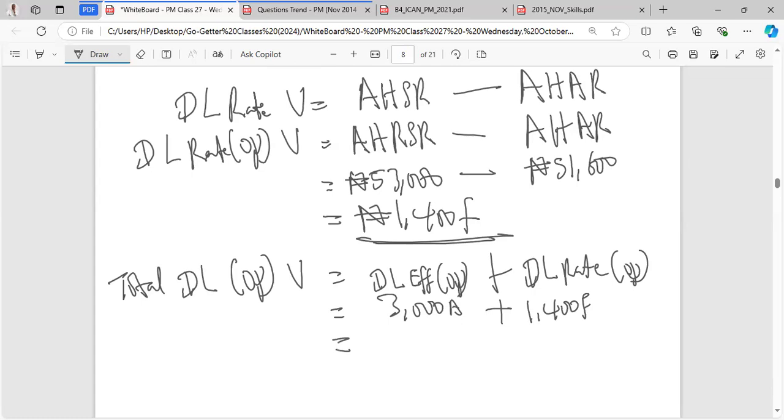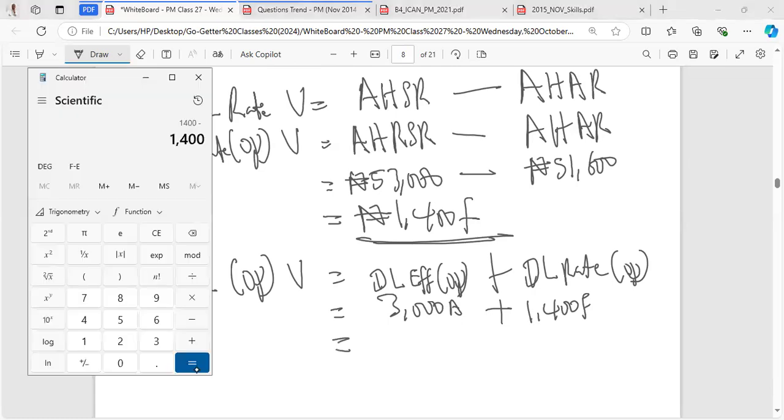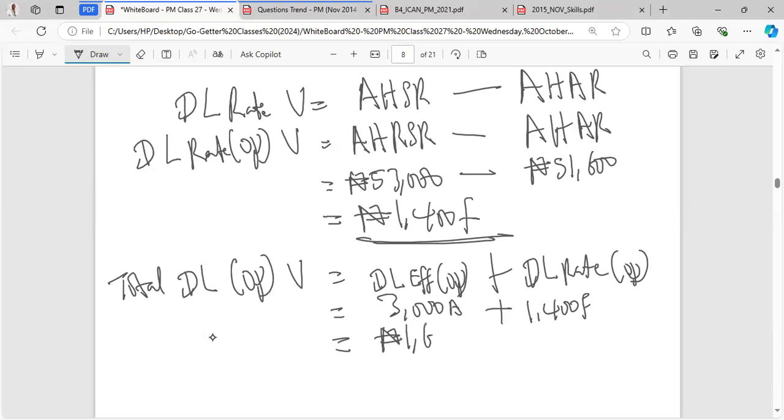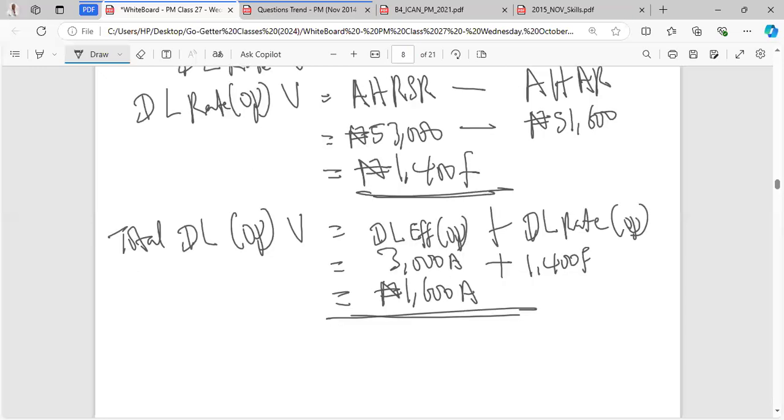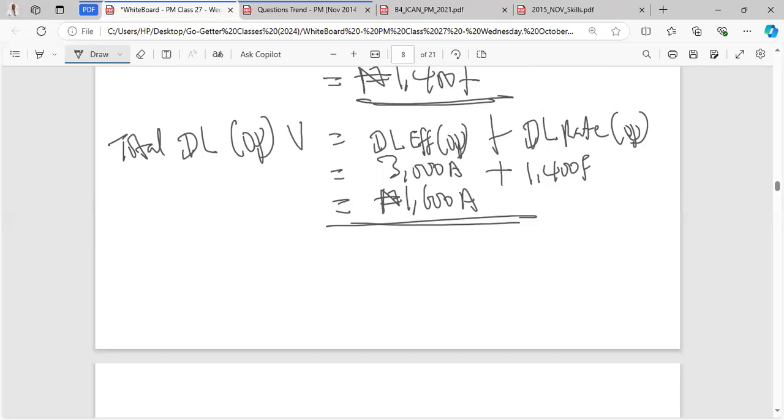So that will make it, favorable minus adverse, that will give you 1,600 adverse. All right, so let's check.